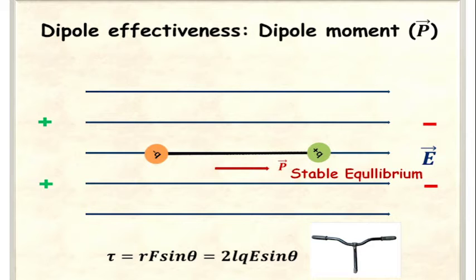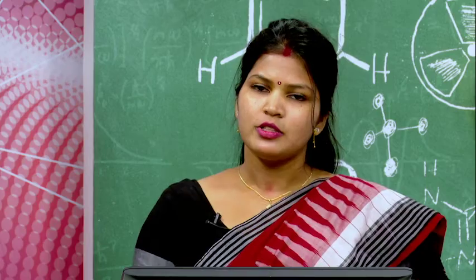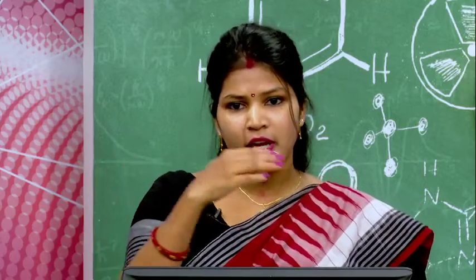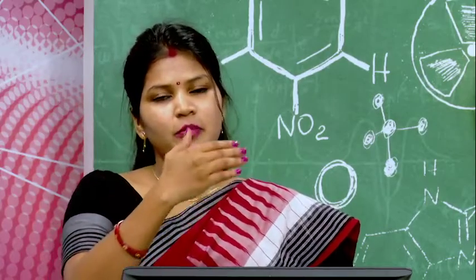You see, when a dipole is inside an electric field, suppose inside a capacitor, then due to torque it rotates, isn't it? That means it aligns with the electric field to acquire stable equilibrium. To maintain stable equilibrium, the dipole is aligned from negative to positive with the electric field. So its direction is from negative to positive, that is, minus q to plus q.